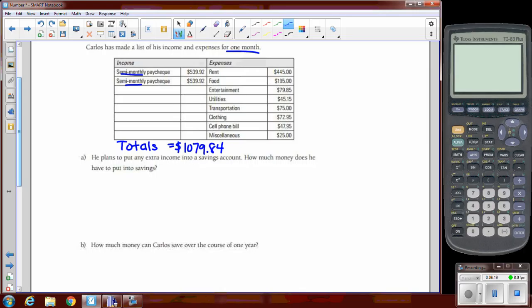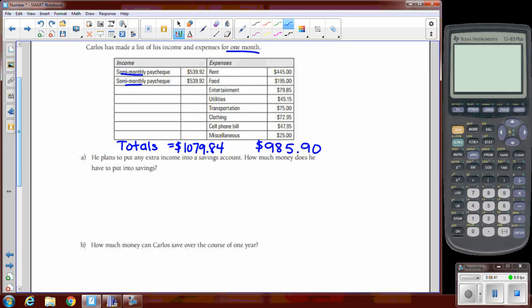And you could do it in your calculator. I just did the work ahead of time. For his expenses, if we added up all of those expenses, he spent $985.90. So you can see he actually spent less than he made, so he'll have some money to save.